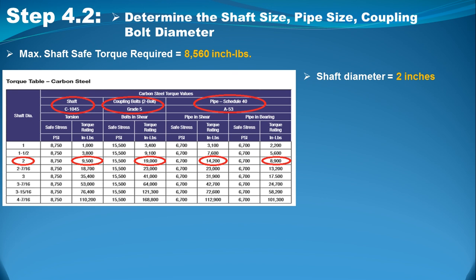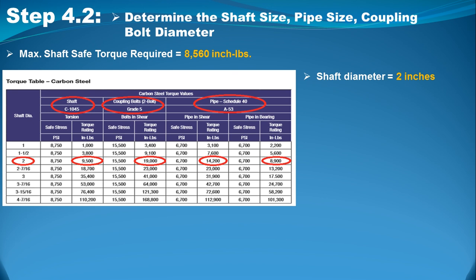For the pipe, we consider schedule 40, A53 carbon steel, still carbon steel. In pipe and shear, it is still a safe torque because it has a capacity of 14,200, while our maximum torque required is 8,560 only. For pipe in bearing, the bearing stress is still safe at 8,900, but our computed is 8,560.